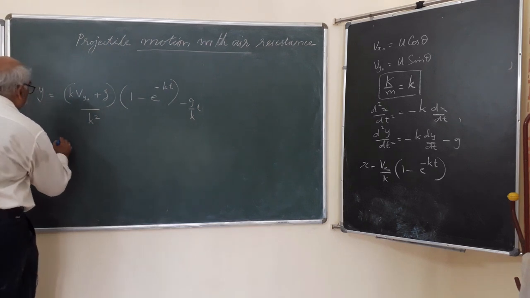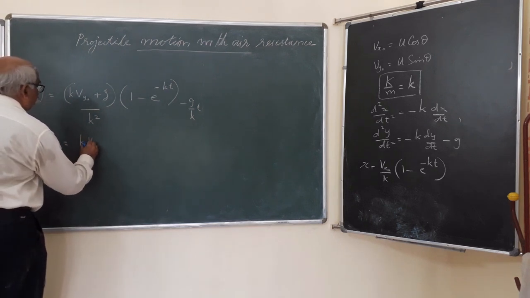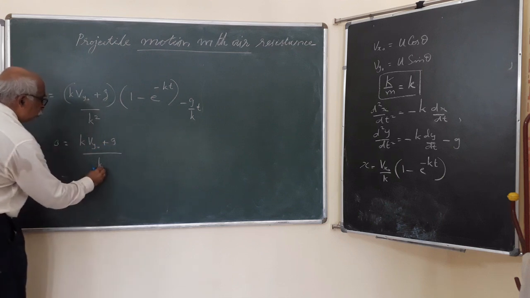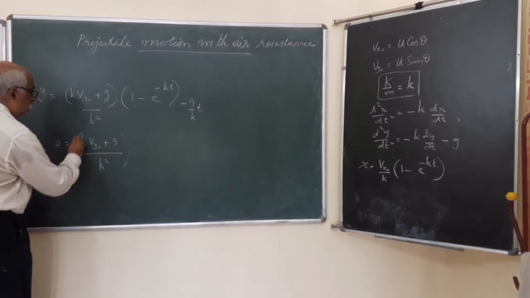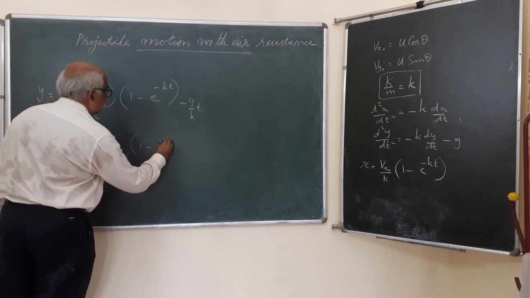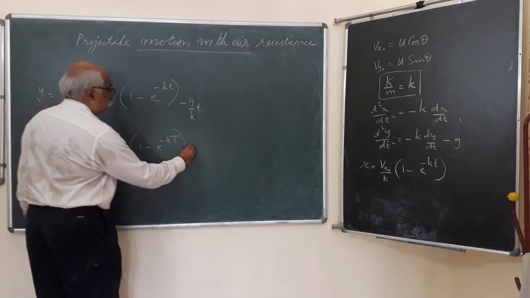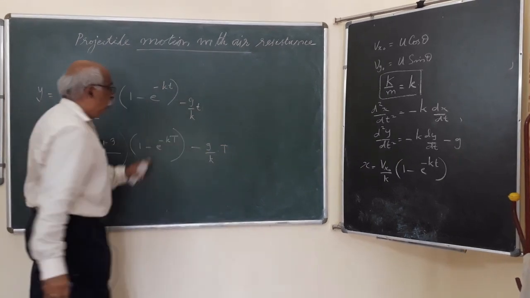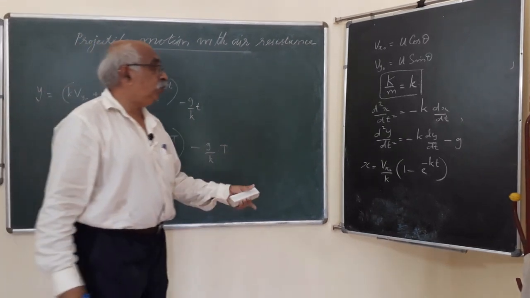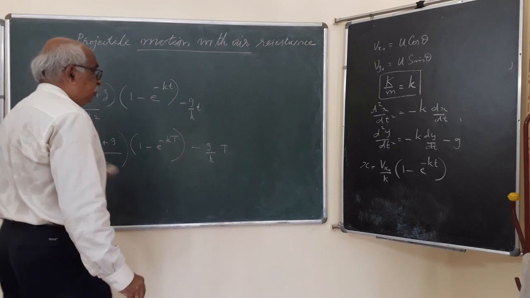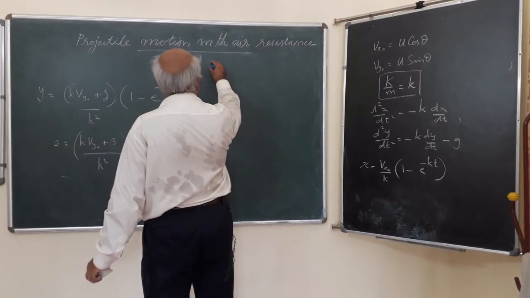0 is equal to (k Vy0 plus g) divided by k square into (1 minus e raised to minus kt) minus g by k times t. But capital T is the time of flight, which we can find using this equation. How do we find that?